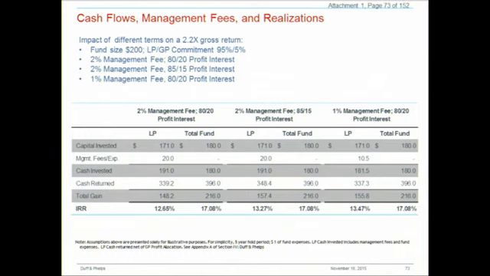If we use the exact same assumptions but move to an 85-15% carried interest split, the LP moves up to 157.4, and the IRR is improved because the cash flows are improved. Again, using the same assumptions in the third scenario, moving back to the 80-20 split but reducing the management fee, the actual cash received is 155.8, so less than the previous example.